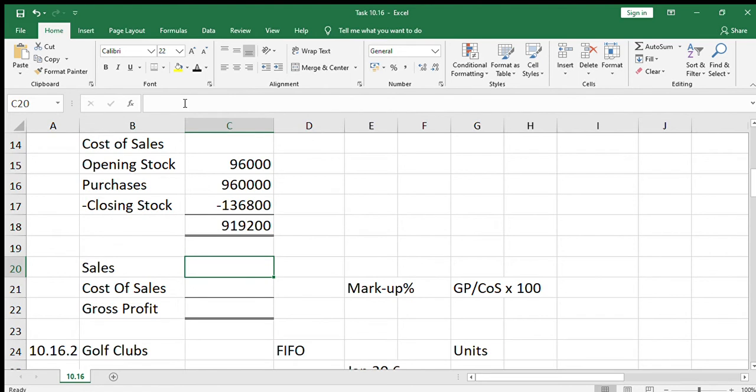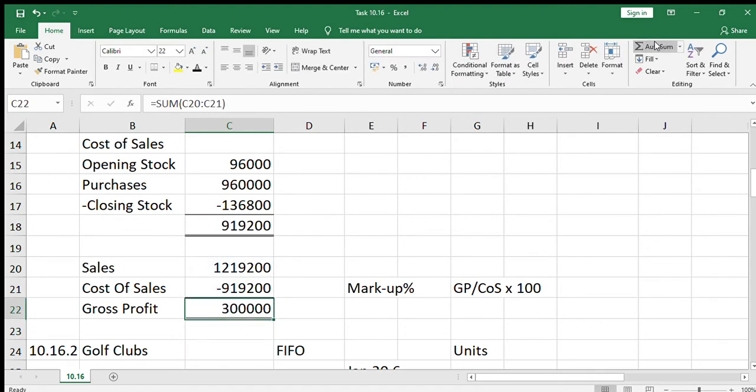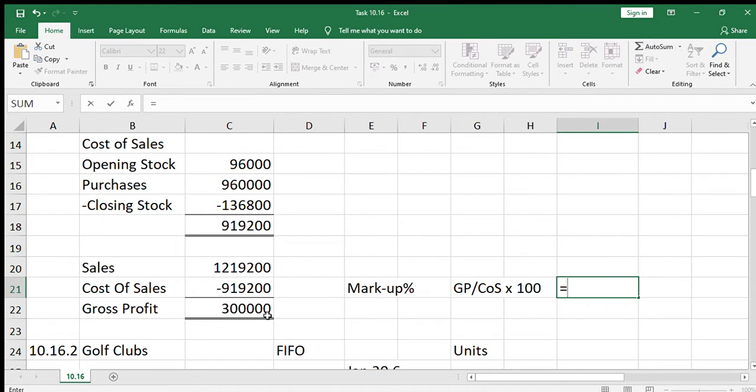Okay, then we continue with the gross profit calculation. Sales, total sales was given to you, 1,219,200. Cost of sales was calculated above here, 919,200, and that will give us our gross profit of 300,000. I'm also going to calculate the markup percentage, even though the question is not asking us for it, in case we need to make some comments.